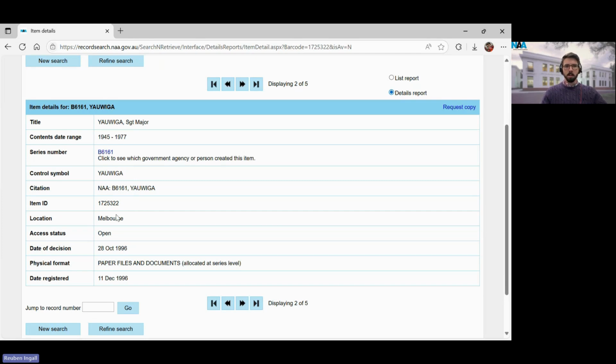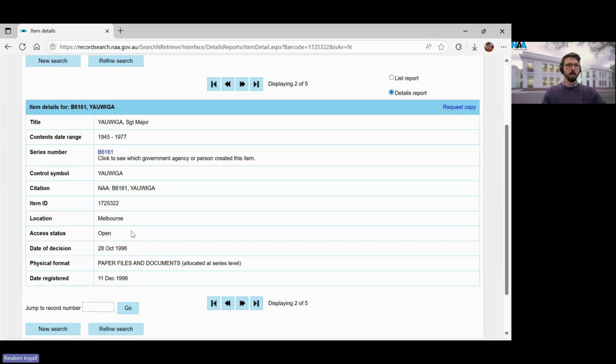We have the location, it's in Melbourne in storage, and the access status open for this record. It could also be closed or not yet examined. So records need to be examined after they enter the open period before they can be released and viewed.